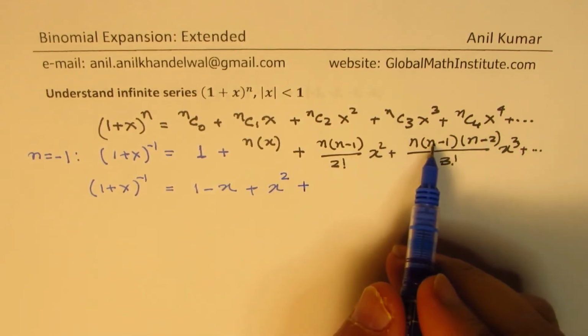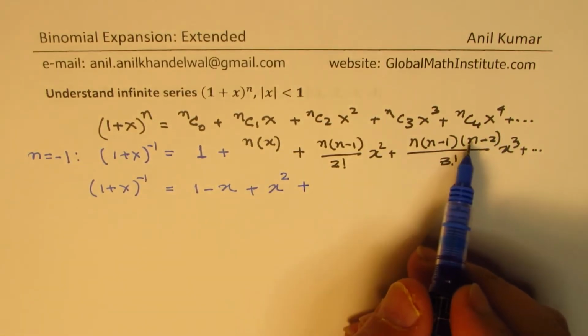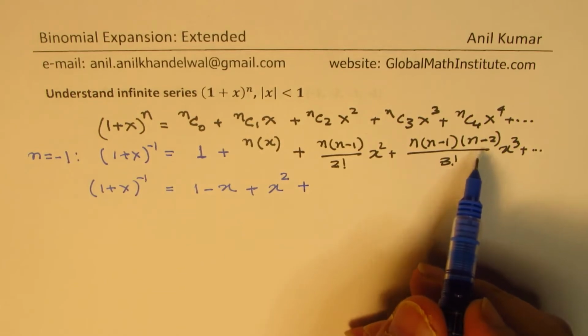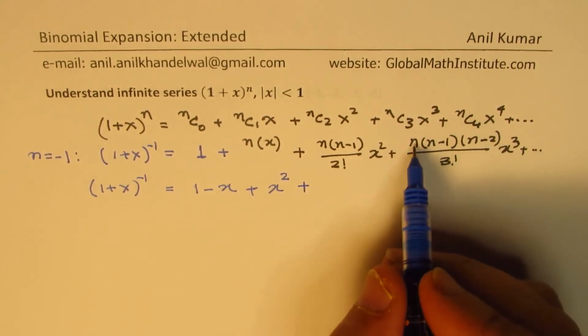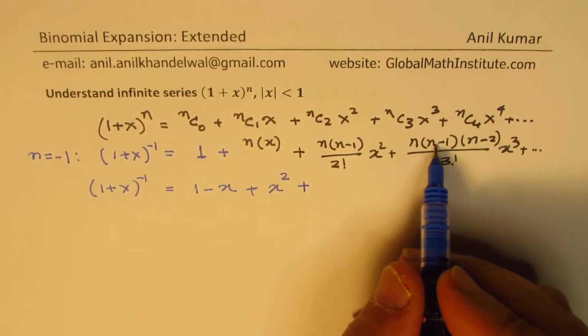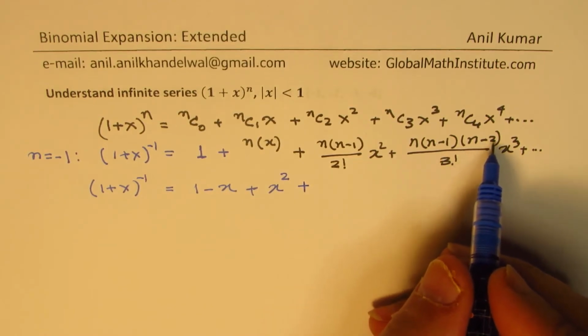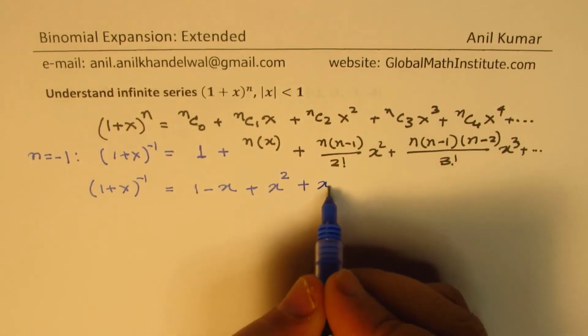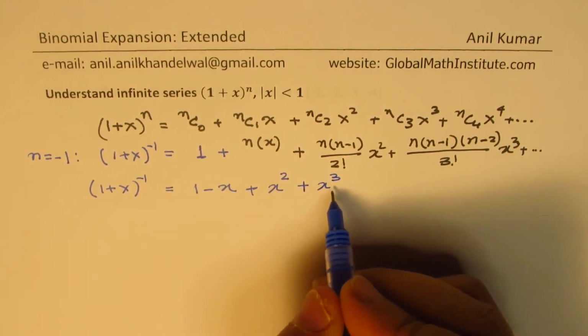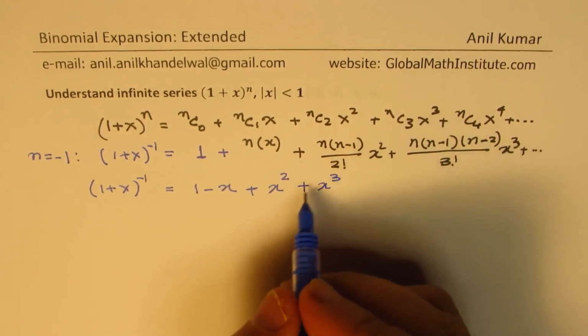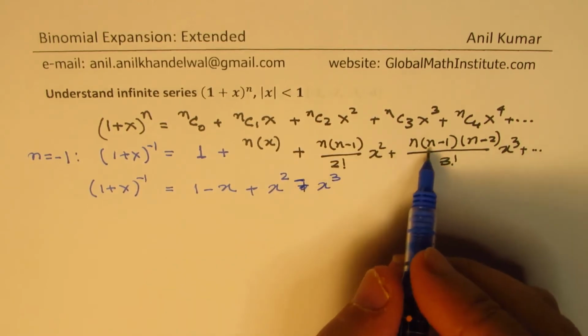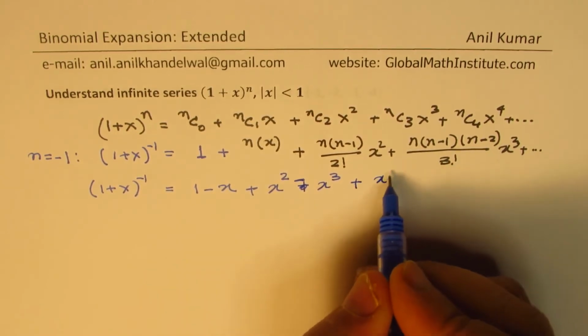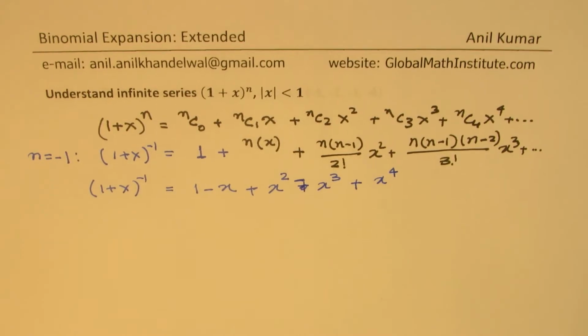Plus, here if I substitute minus 1, what we really get is minus 1, and this is minus 2, and that is minus 3. And divided by 3 factorial gives me 1. So we get x cubed, this will be negative here, and this series will be expanded with x to the power of 4, and so on, right?